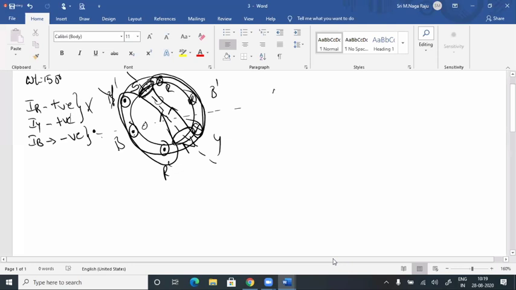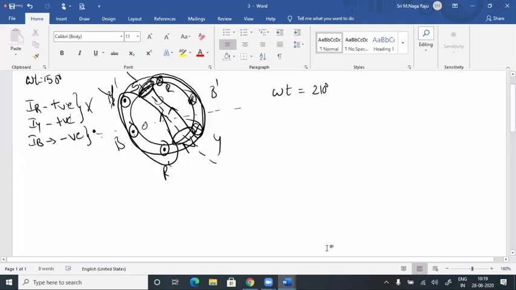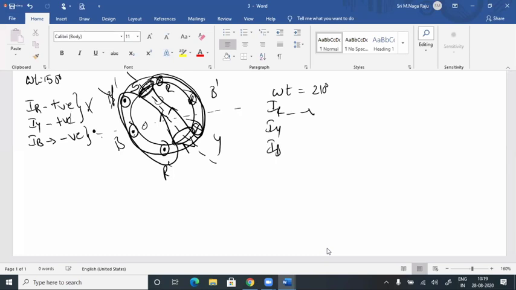Similarly, let us analyze another case for omega t equal to 210 degrees. Here IY is positive, IR and IB are negative. IR is negative, IY is positive, IB is also negative.